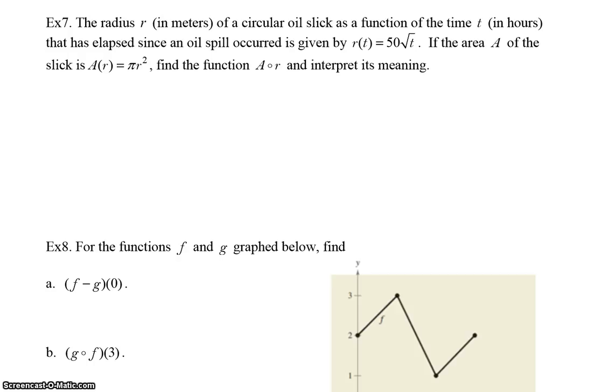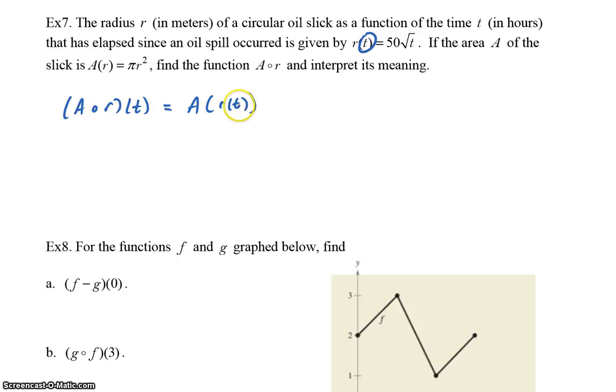So first of all, let's write down by definition what A composed with r would look like. Notice r is going to be the inner function. r is a function of t. So A composed with r should also be a function of t. It should be defined as A of r of t.